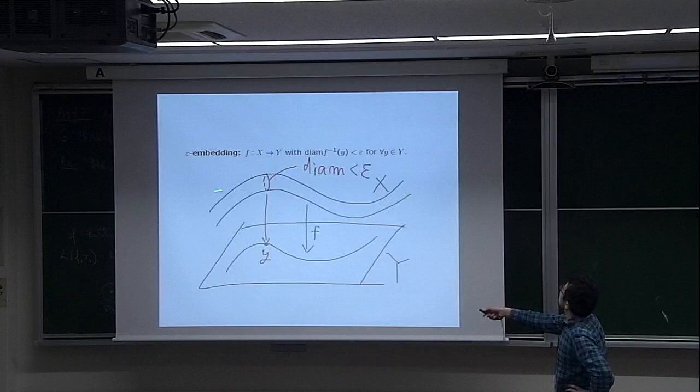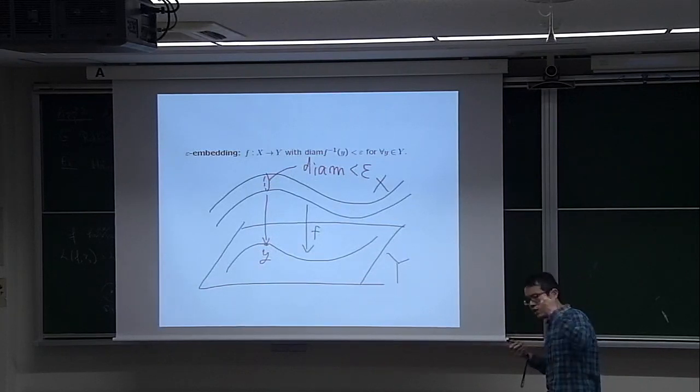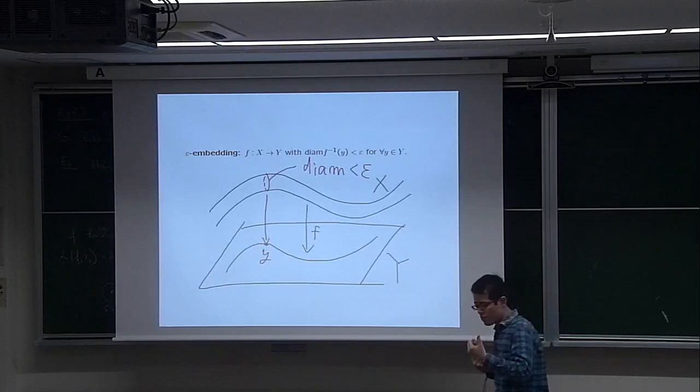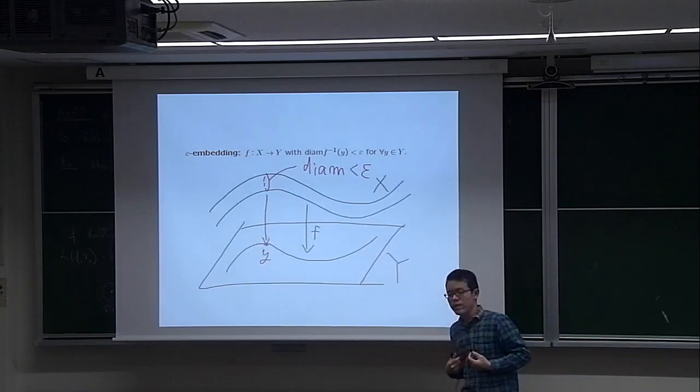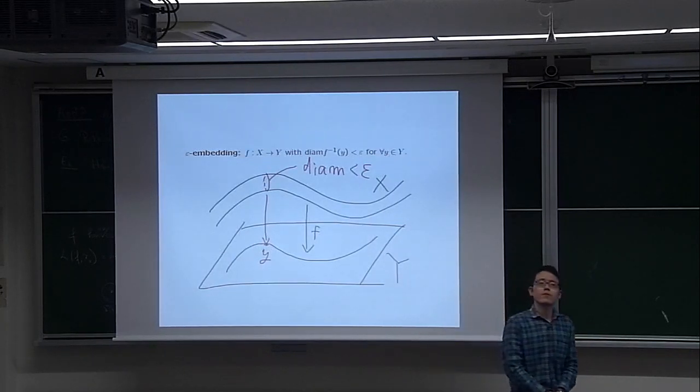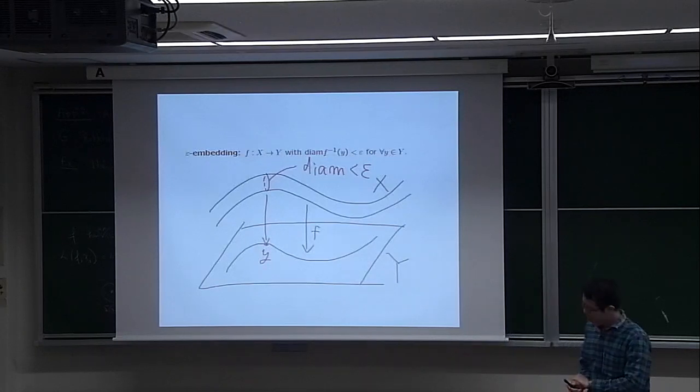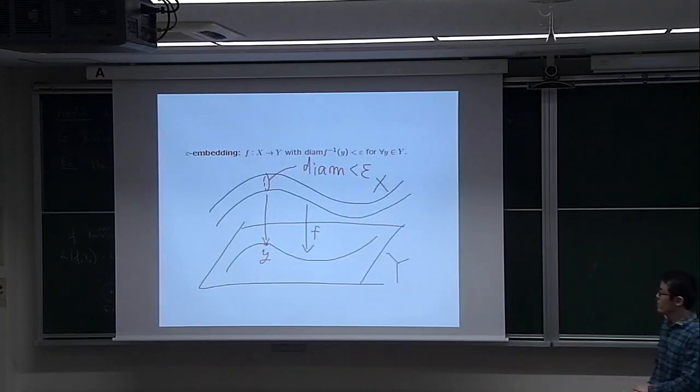Here X is this tube, and Y is this plane, and we consider some map f. This epsilon embedding condition means that for each point y, its preimage has diameter less than epsilon. So this means that if we ignore some small error epsilon, this map f looks like an embedding. Okay?